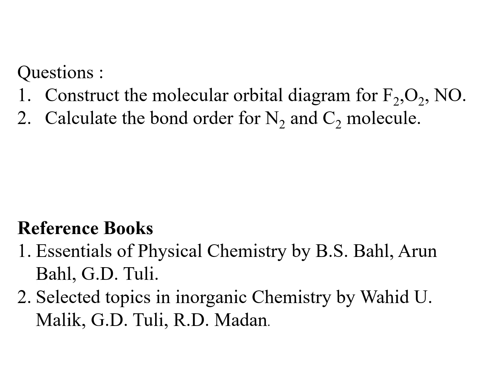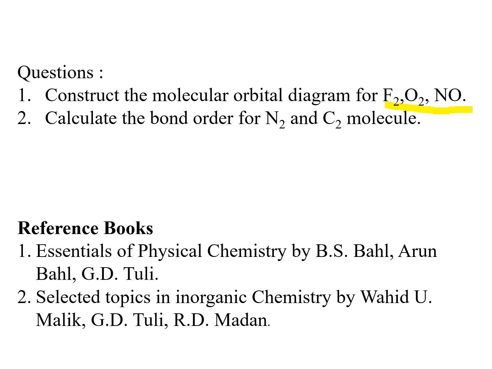Based on the above discussion, I have posted 2 questions. The first question: construct the molecular orbital diagram for the fluorine molecule, the oxygen molecule and the NO molecule. We have discussed the H2 and N2 molecules, so now you can try F2 and the oxygen molecule.